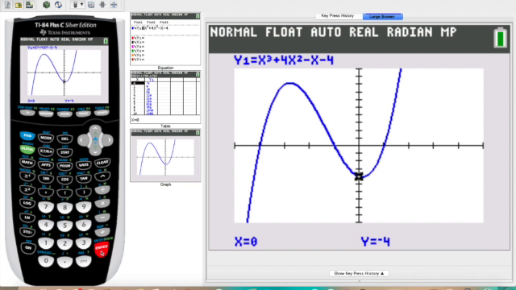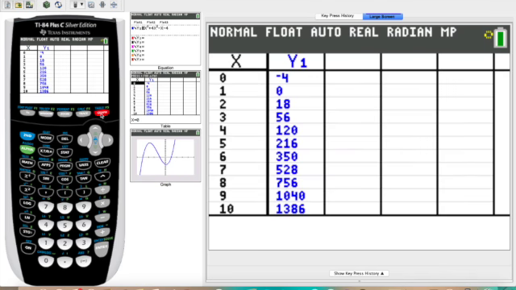Now there is another way to find these values without guessing on the graph. To do that, we will use the second graph menu to get to the table. This is the table of values for this function. Clearly, we can see that the y value is -4 when x is 0. That's our y-intercept.